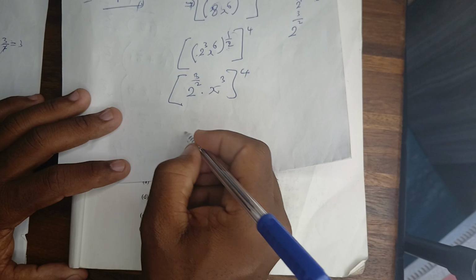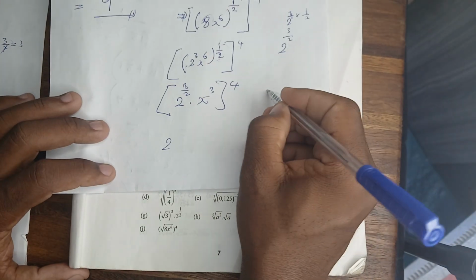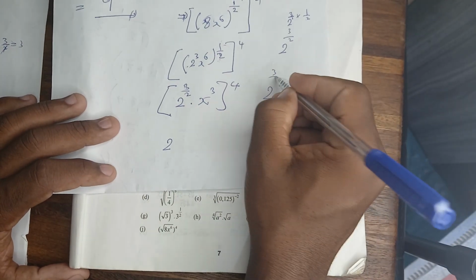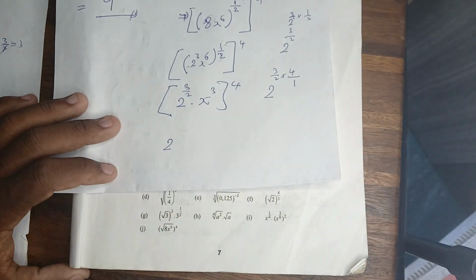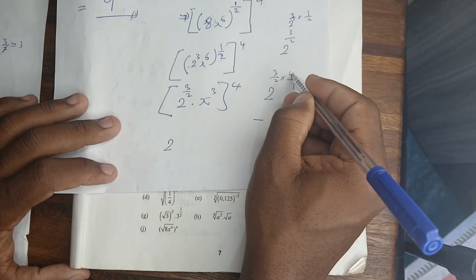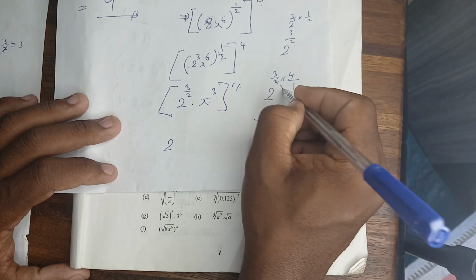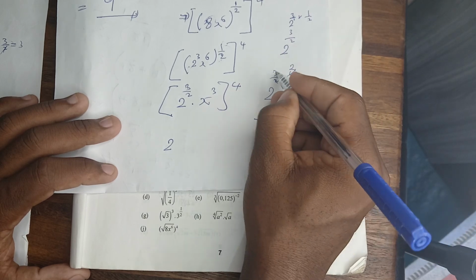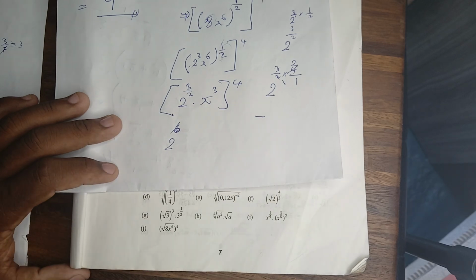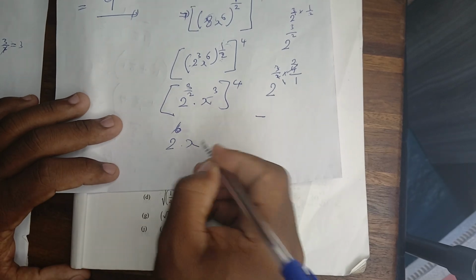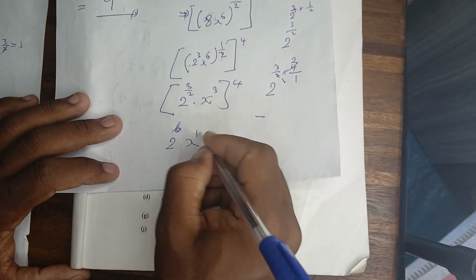So it's going to be 2 to the 3 over 2 multiplied by 4. This one is a fraction, this one is not, so make it a fraction. Therefore 2 into 2 goes once, 2 into 4 goes 2 times, 3 times 2 is 6, like this, multiplied by x to the 3 times 4, which is 12.